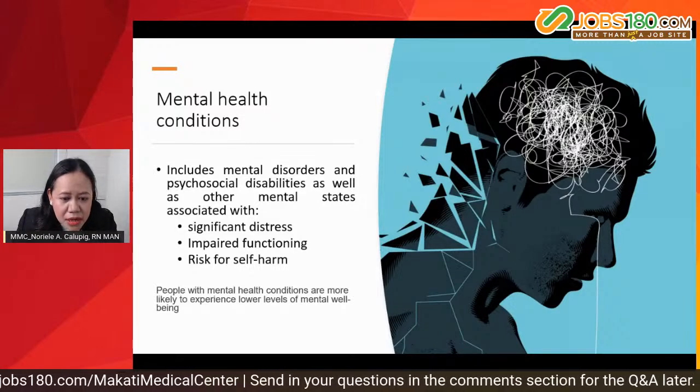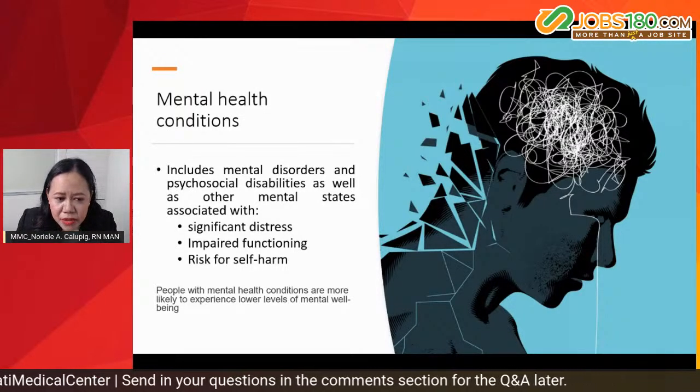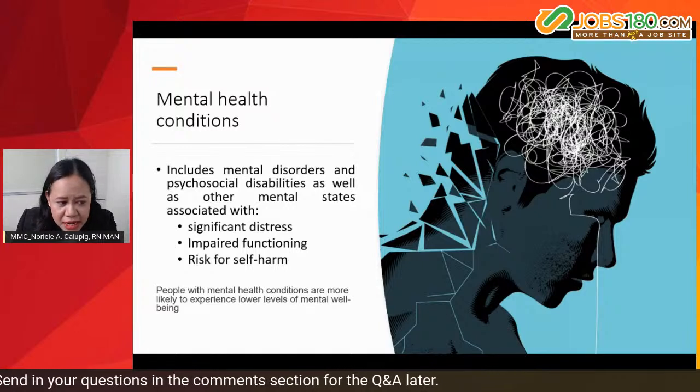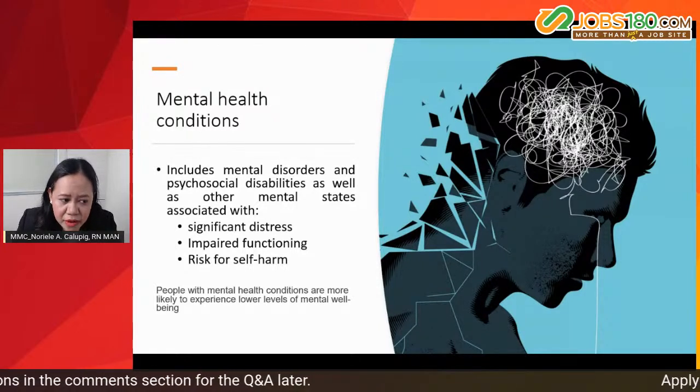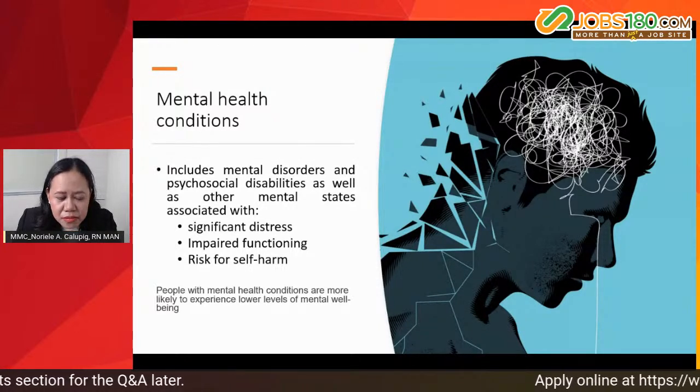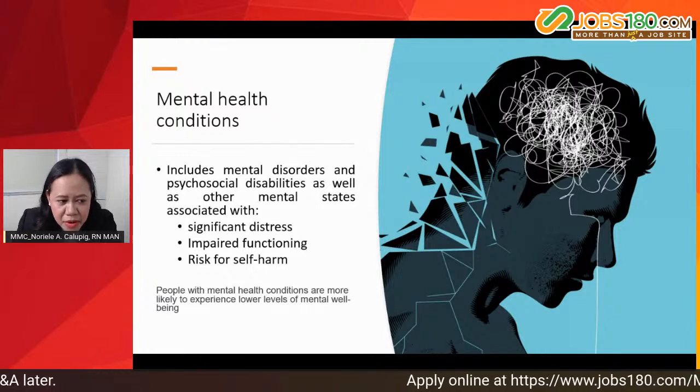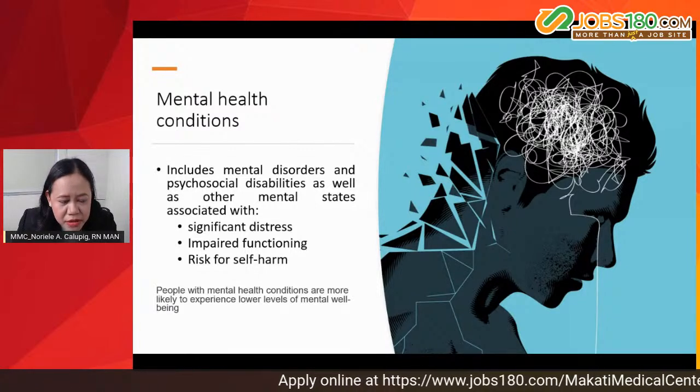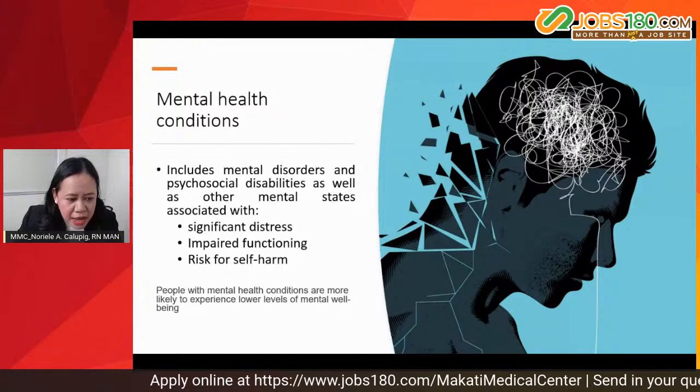Pangalawa is yung mga risk na may pagkakataon na sinasaktan nila ang mga sarili or merong risk of self-harm. And yun, meron din tayong ma-identify na mga impaired din sa mga physical functioning or maybe sa trabaho or sa pag-aaral.